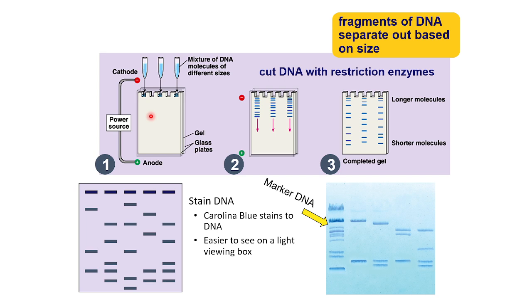What does that do? If your particular desired DNA is of size, say 150 base pair or say 1500 base pair, you can compare the size by looking at the marker DNA. So maybe this is 100, this is your 200. If your DNA is 150, it should come in between these.